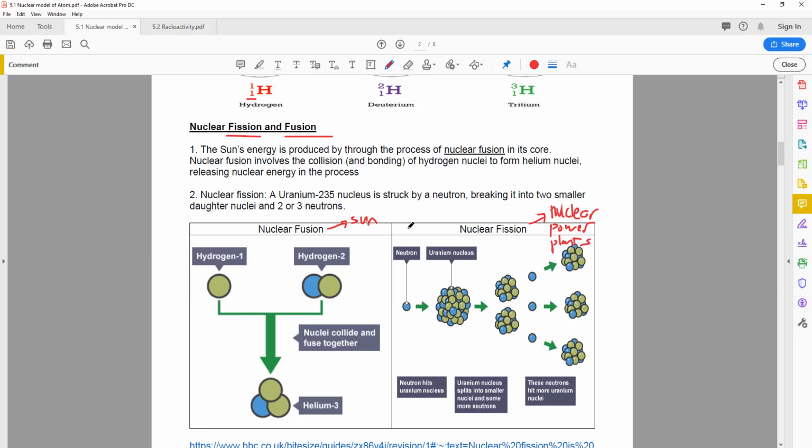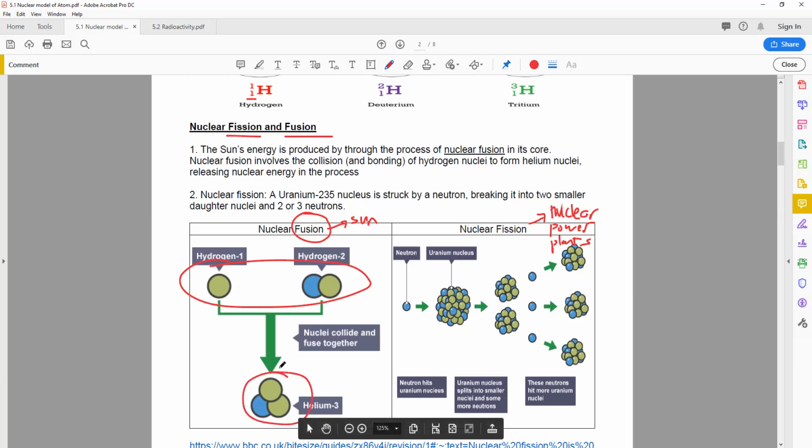Okay, so what's the main difference between fusion and fission? For those who have a hard time understanding, fusion literally means join together, right? Fusing together, right? So what is actually joining together? They'll have 2 relatively smaller nuclei combining together to form 1 larger nucleus, right?